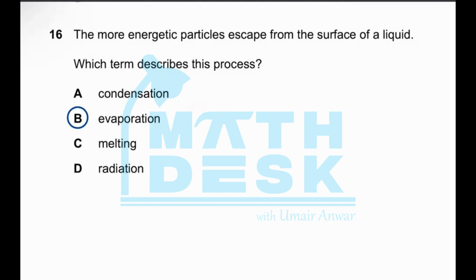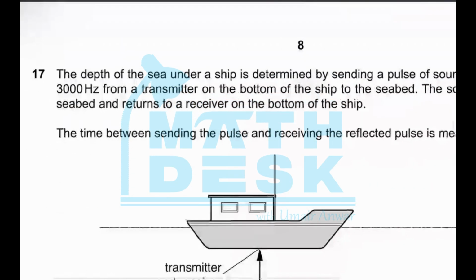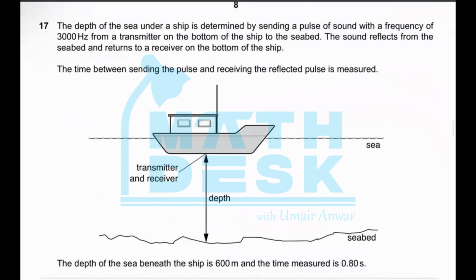Question number 17. It says the depth of the sea under a ship is determined by sending a pulse of sound with a frequency of 3000 hertz from a transmitter on the bottom of the ship to the seabed. So there is a pulse of sound being used here, and its frequency is 3000 hertz.